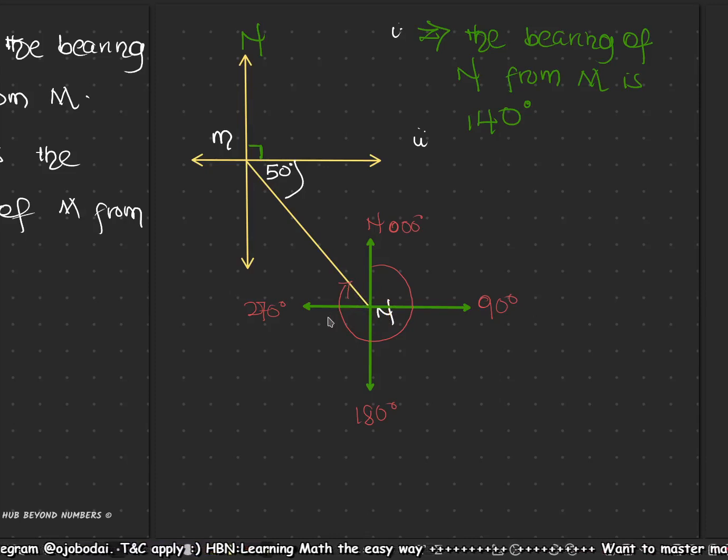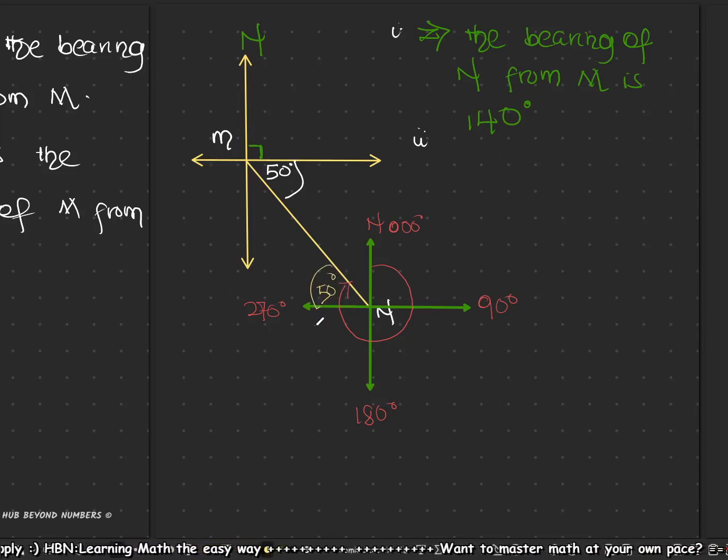Once again, our attention is being drawn toward alternating angles. This angle here alternates with this angle here. So it means this angle here is 50 degrees. So our back bearing is just going to add the 50 to the 270. That is what we are going to get as our back bearing.